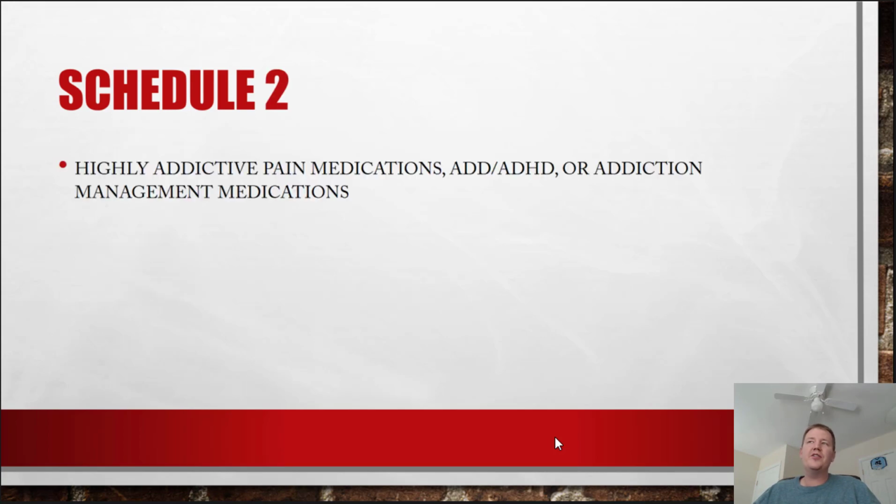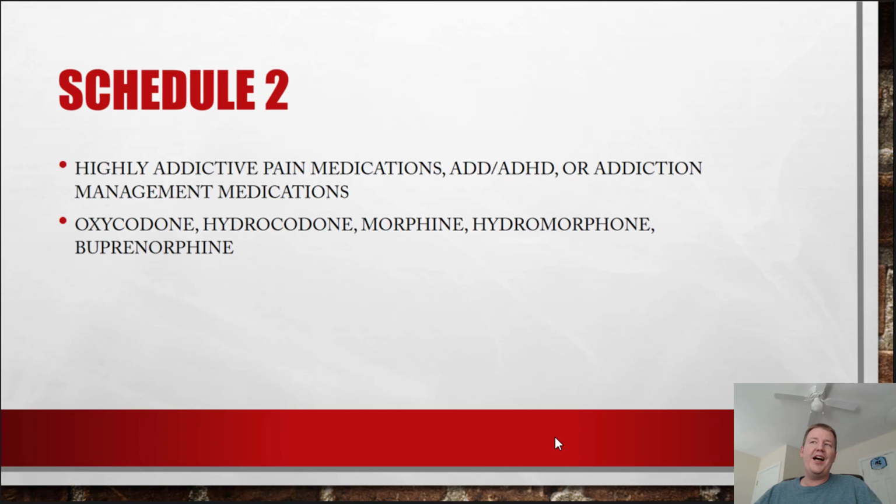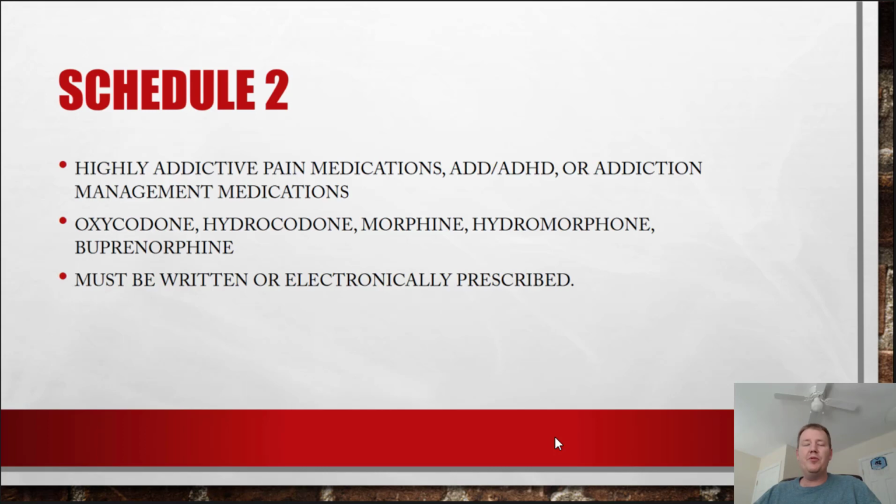Schedule 2 drugs are typically highly addictive pain medications, attention deficit disorder or attention deficit hyperactivity disorder medications, or addiction management medications, like oxycodone, hydrocodone, morphine, hydromorphone, buprenorphine. They must be written or electronically prescribed.